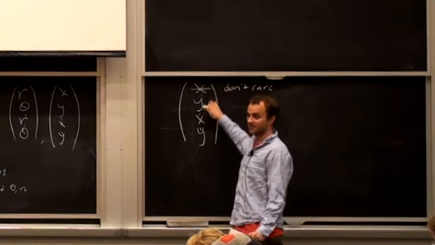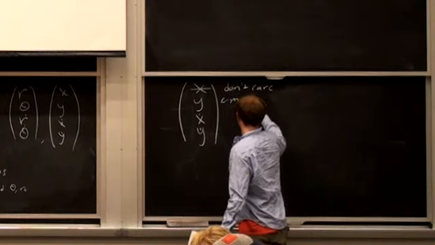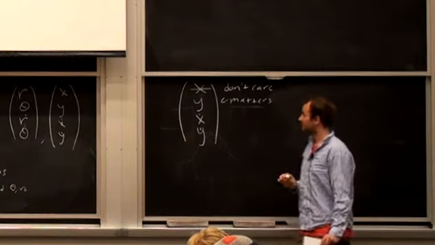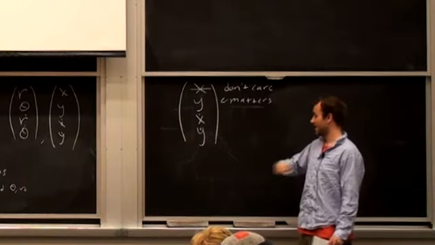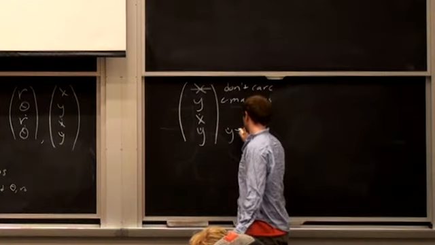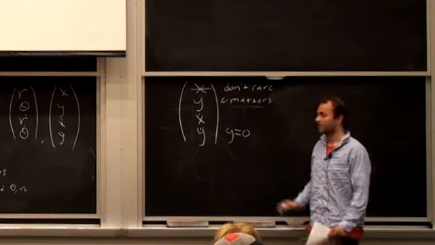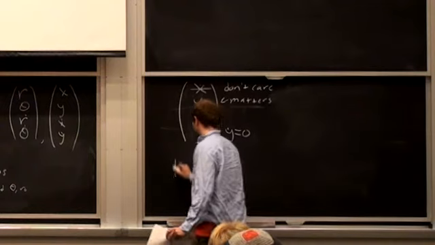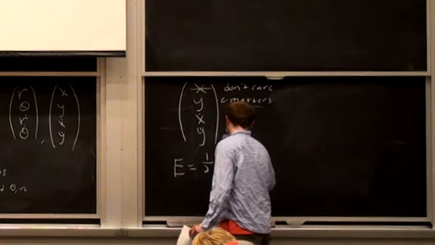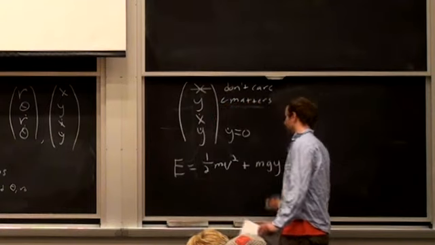So y we definitely do care about. This matters. X dot, because we know it's conservative, and we know that since it's the apex, y dot equals 0, then x dot is purely a function of y. We can look at the total energy of the system, which is one half m v squared plus m g y.